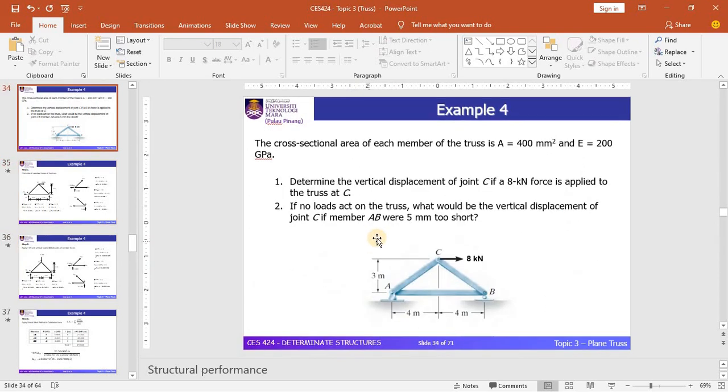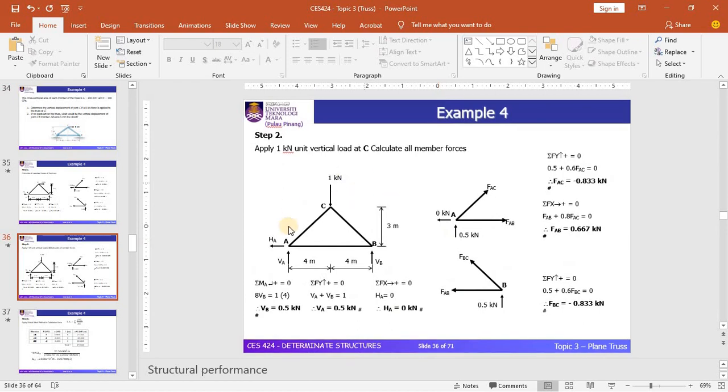Since the problem is about the vertical displacement of joint C, you apply a 1 unit load at point C vertically downward. Find the reactions at the support based on this free body diagram of virtual work, and then proceed with the internal forces in the members.